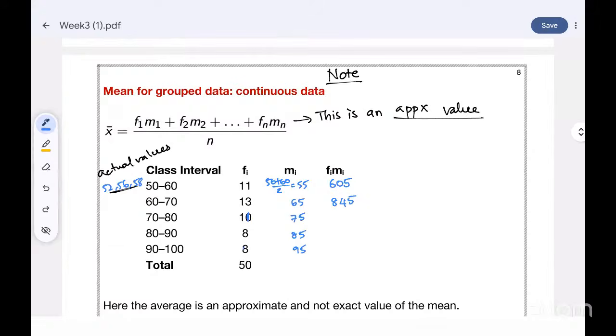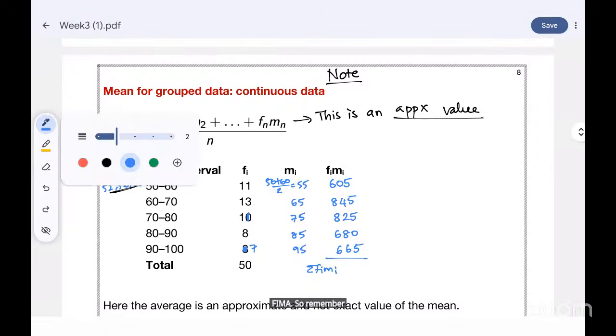This is 11 and this is 7. 11 into 75. 825. 680. 660. Okay. Now calculate sum of all fi mi. So remember, this is class mark.